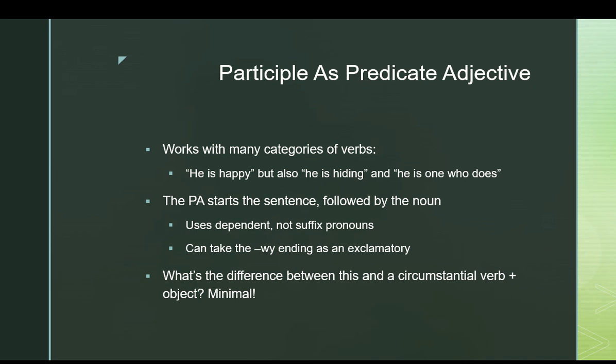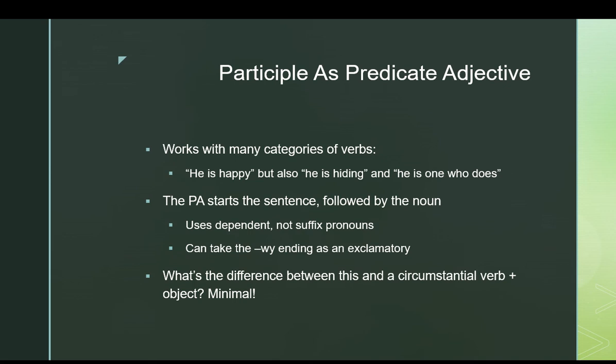Also, one other little note, well, two other notes. First of all, it doesn't use suffix pronouns. It uses dependent pronouns if the subject is a noun, or if the subject is a pronoun. Also, it can take that wy ending as an exclamatory, like other predicate adjectives.